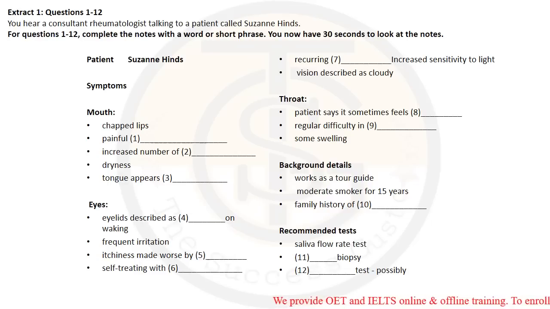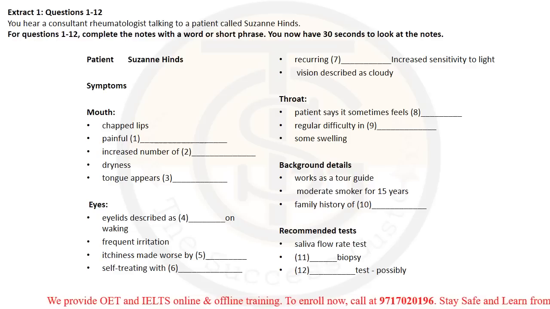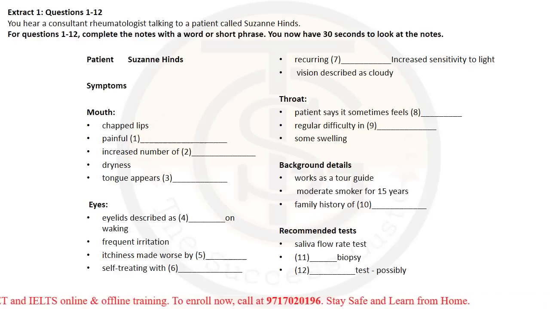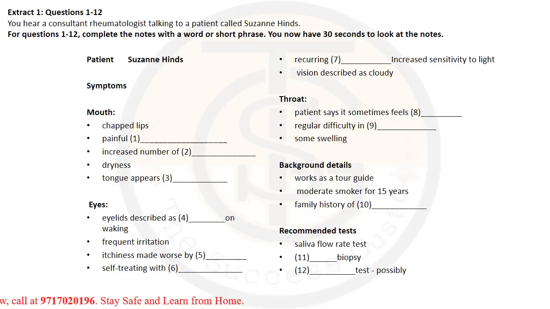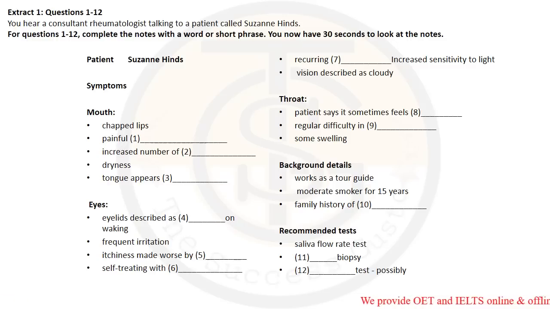Well, no, but we do need to check possible links. For example, an autoimmune problem. We'll start by checking your saliva production with what's called a saliva flow rate test. Okay, that sounds straightforward. Yes, it's pretty self-explanatory. But I'm also going to recommend a biopsy of your lip, the lower one. Oh, that sounds odd. What for exactly?